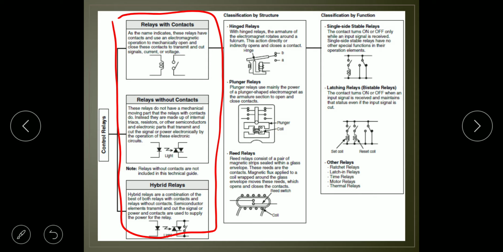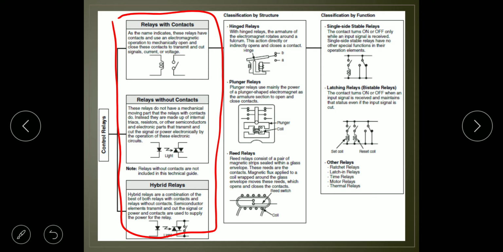Relays without contacts do not have a mechanical moving part like the relays with contacts do. Instead they are made up of internal transistors, resistors or other semiconductors and electronic parts that transmit and cut the signals or power electronically by the operation of these electronic circuits.